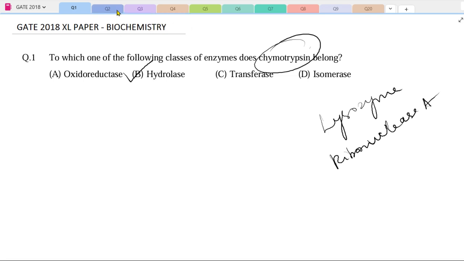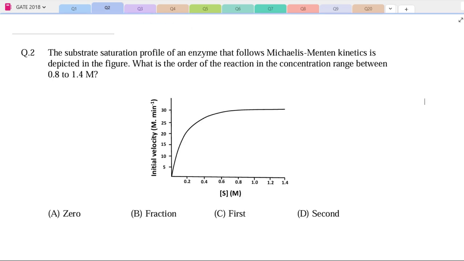Moving on to the next question. The substrate saturation profile of an enzyme that follows Michaelis-Menten kinetics is depicted in the following figure. What is the order of the reaction in the concentration range between 0.8 to 1.4 molar? Let's look at that region here.